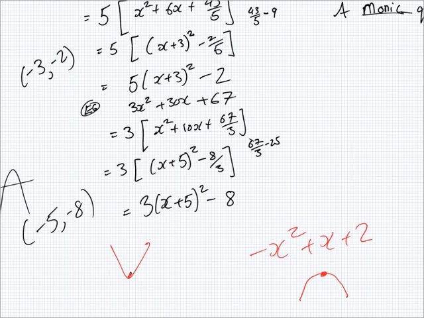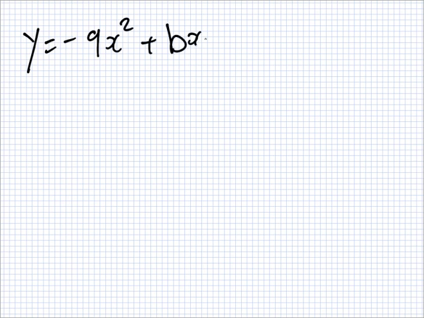Okay. Now let me give you a hard one to try. I'll scroll down. So here's a quadratic. Y equals minus 9x squared plus bx plus c.